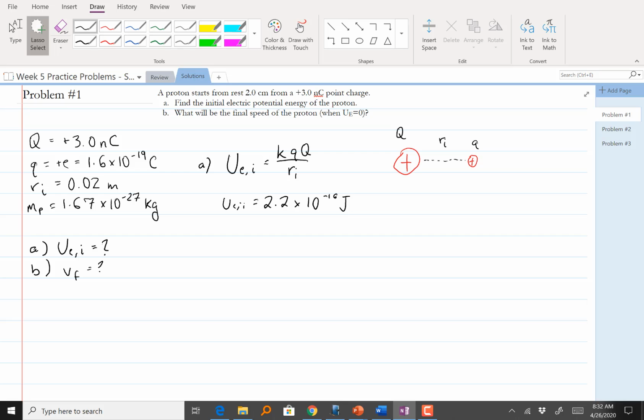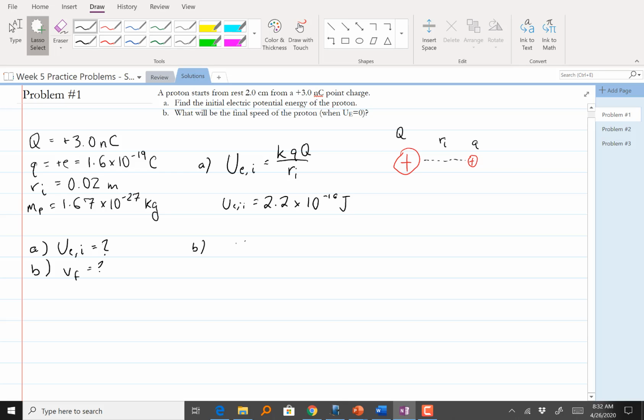And after that point, the proton is just going to continue moving in the same direction at a constant speed. All right, and so I'm starting with electric potential energy, and I'm transforming that into kinetic energy. So this is a problem where I'm using the conservation of energy.